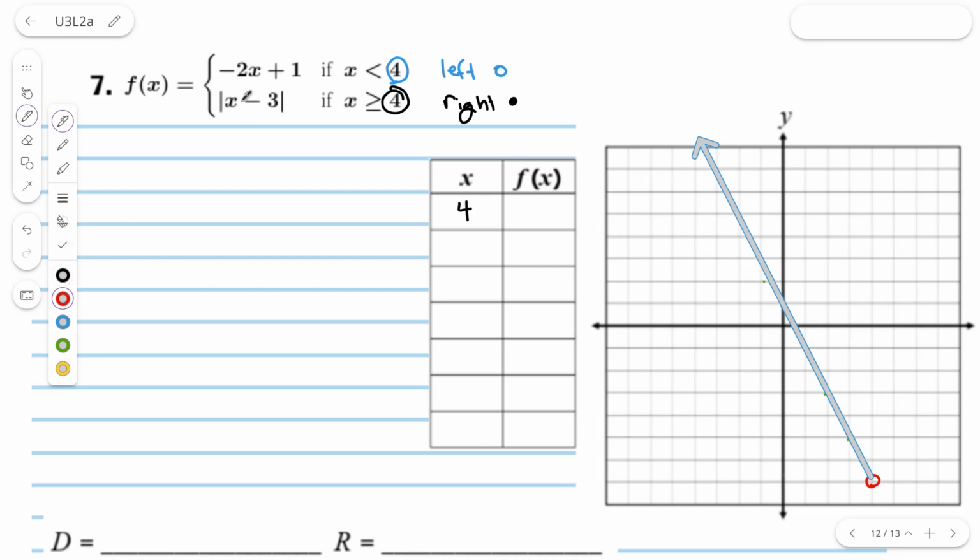So step 1 when you have absolute value is take what's inside your absolute value, x minus 3, always set it equal to 0, and solve. So that gives me 3. 3 is not greater than or equal to 4, so that means I don't use this point.